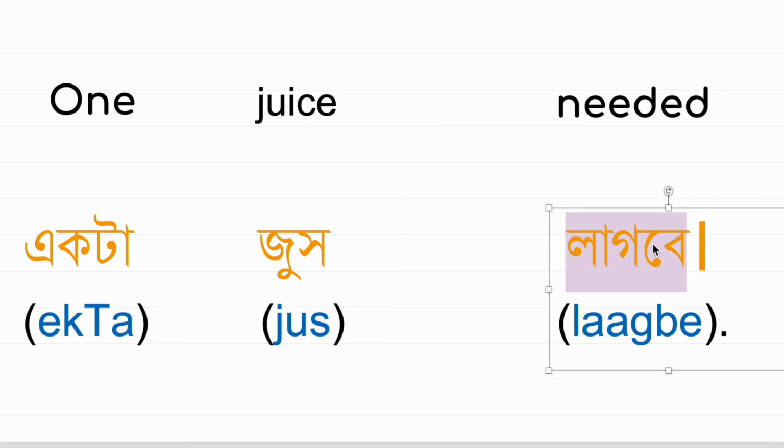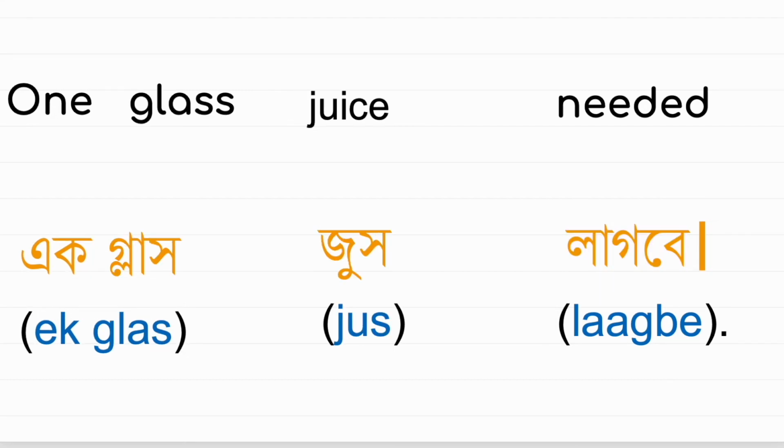That's why when you know that lagbe is in future form, you do not need to use will be with this. You can also say ek glass juice lagbe, which will mean one glass of juice will be needed. So I just literally translated this: ek glass for one glass, juice for juice, and lagbe for will be needed. Here's a test for you.